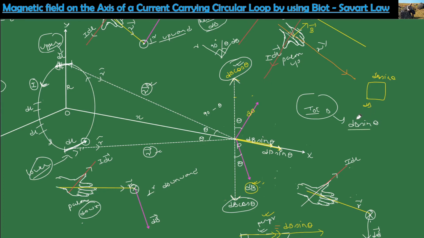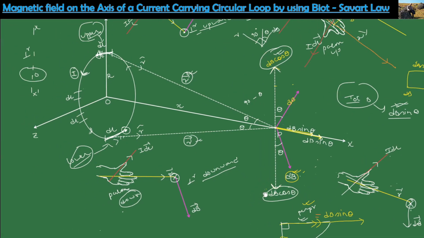This will account for the total magnetic field at the point P due to the current element. From the upper part of the coil, dB will act perpendicular upwards, and from the lower part of the coil, dB will act perpendicular downwards. So just go through that so that you will understand.